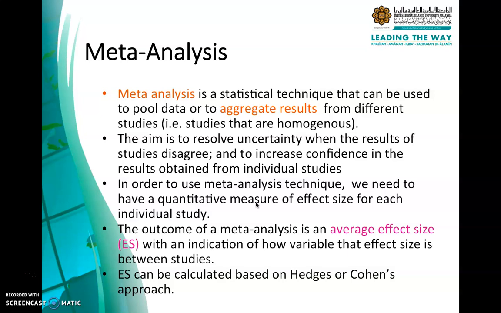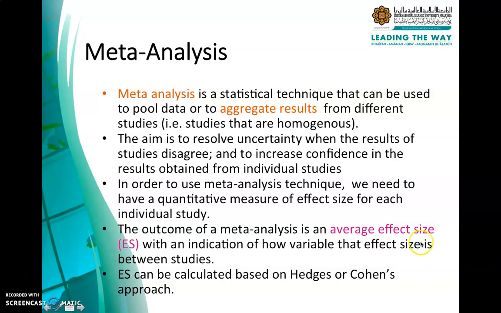The outcome of a meta-analysis is an average effect size. Because each study has its own effect size, and remember we are talking about aggregating results from different studies, we look at how to arrive at the average effect size, with an indication of how variable that effect size is between studies.